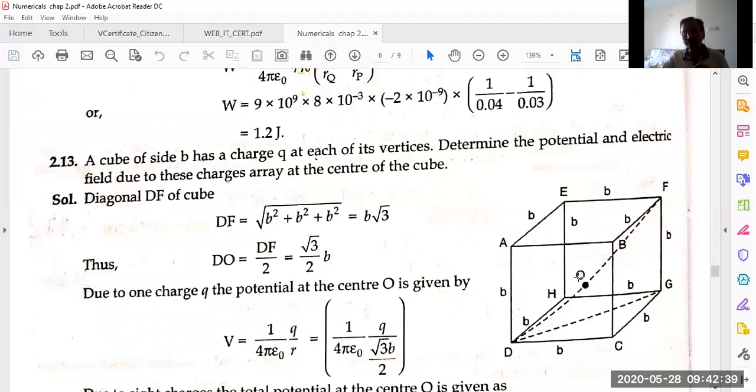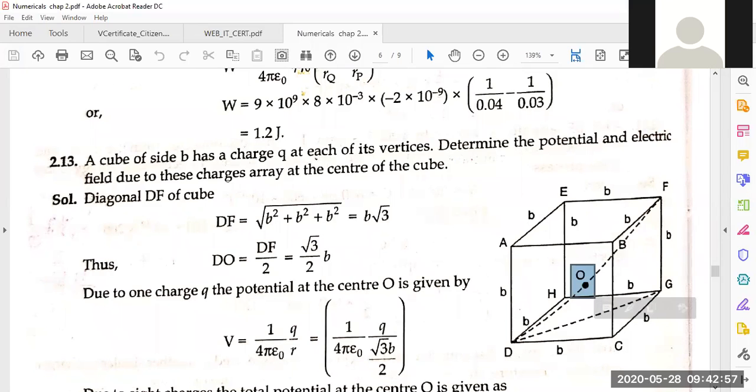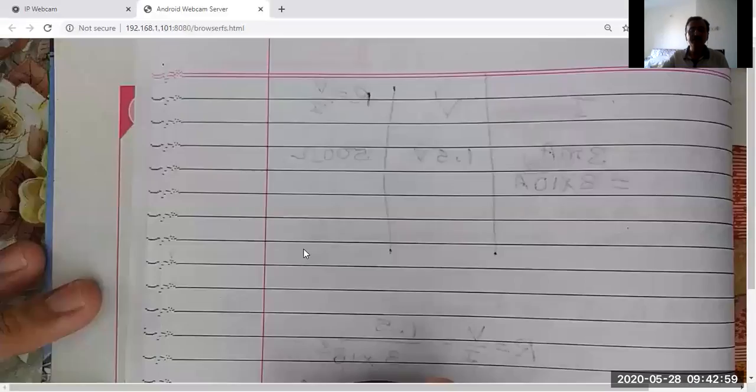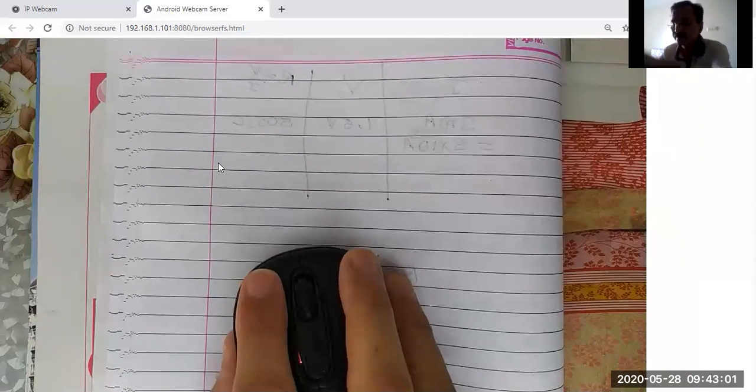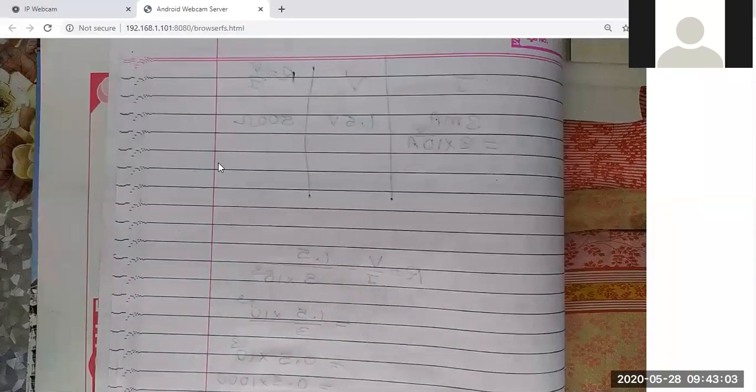If you want to find potential at O due to charge at A, only this part, O is at the center and there is only one charge at A. What will be the potential due to the charge at A? The formula is KQ by R. Sir, into 8 हो जाएगा.